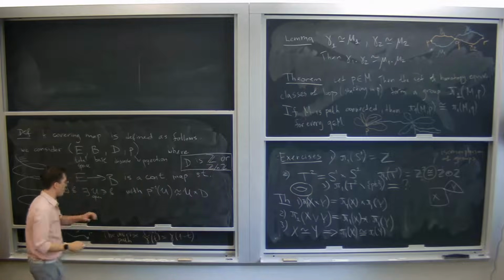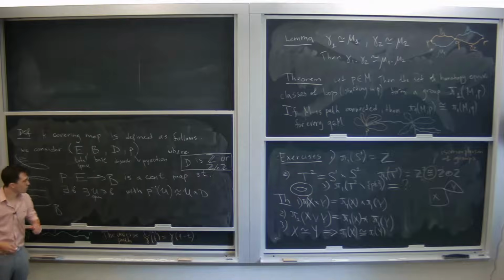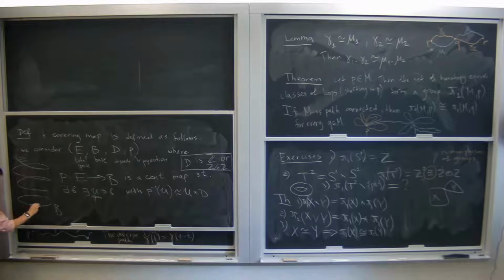Okay, but I would say it's not enough. So the picture is like that. For every point here, we have a neighborhood such that it lifts to the total space as a disjoint union of homeomorphic neighborhoods, right? But it should be well defined in the sense of projection.